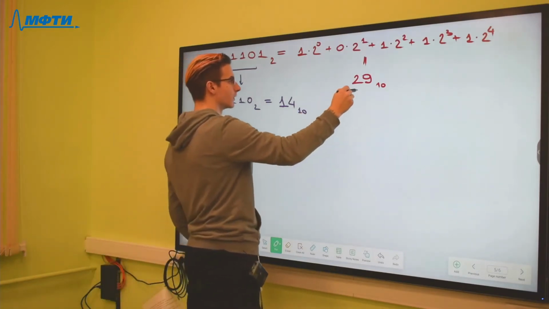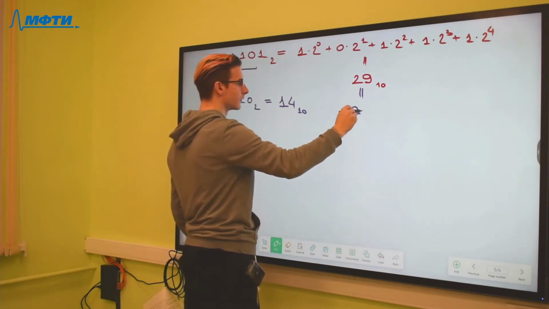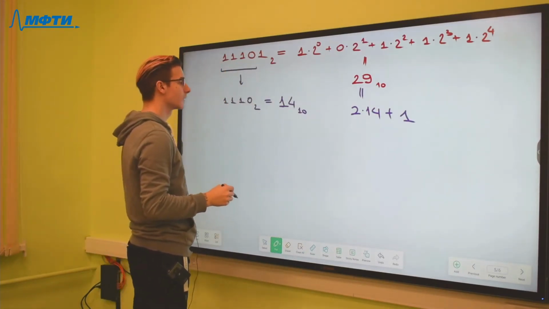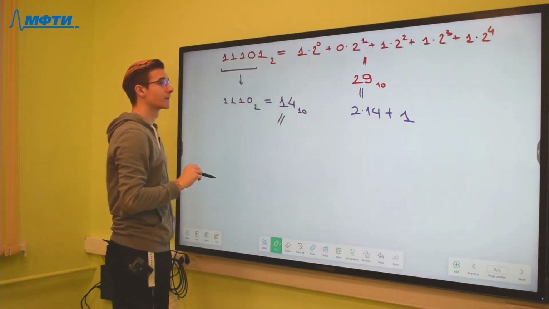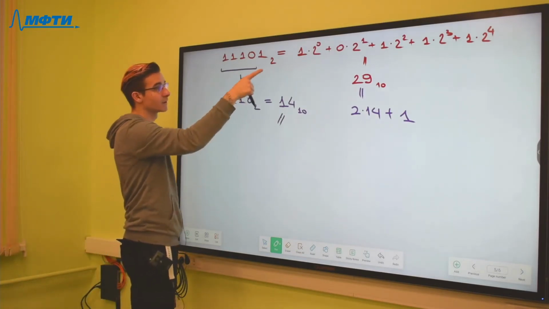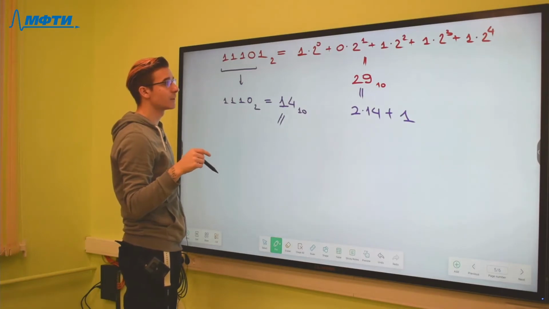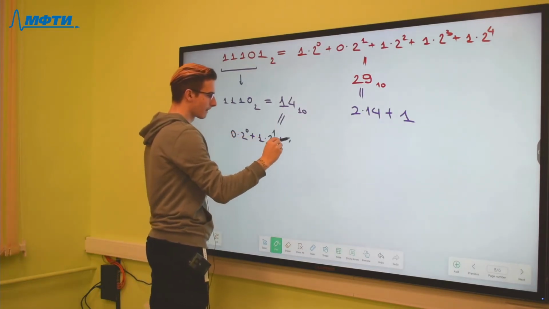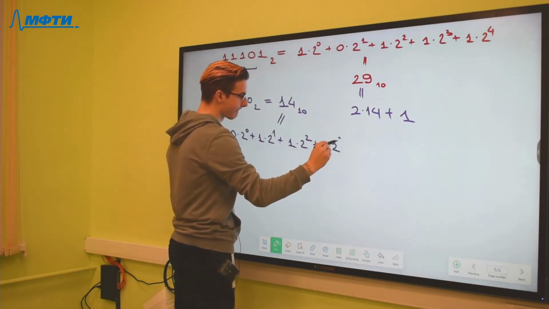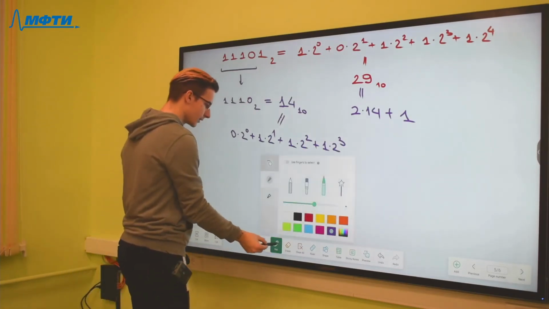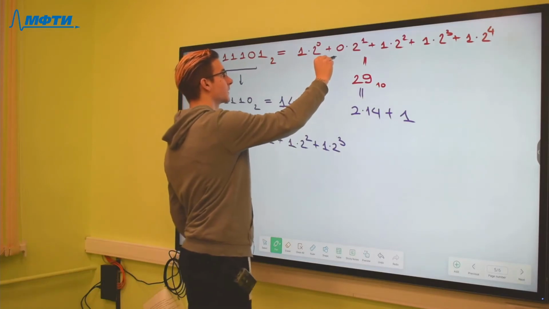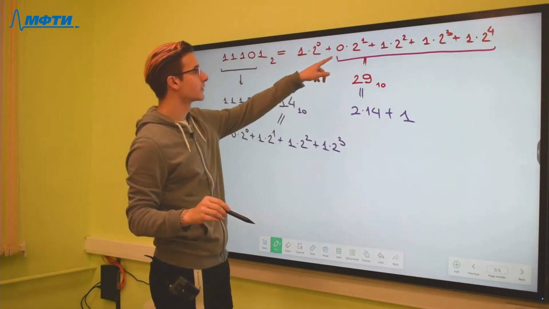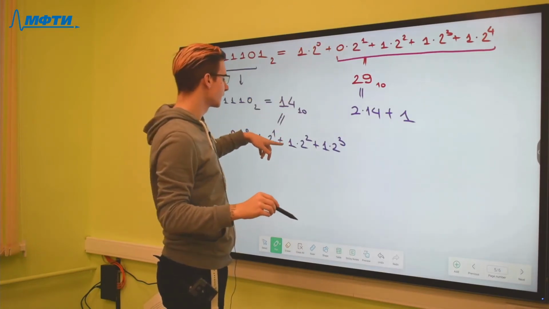And you can see that this number 29 is equal to twice 14 plus 1, because if we represent 14 as the sum of the pairwise multiplication of these numbers and 2 in some degrees, you see that it is the same, but the power of the 2 is bigger than this by 1.